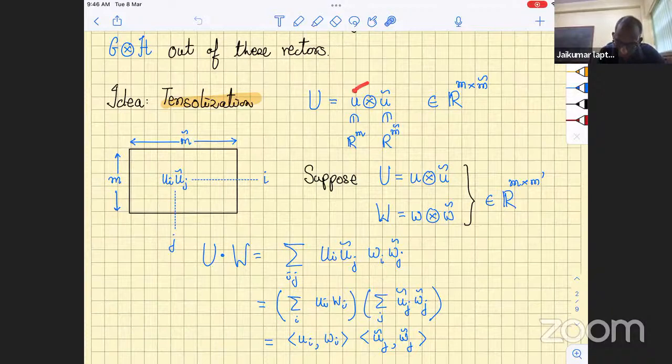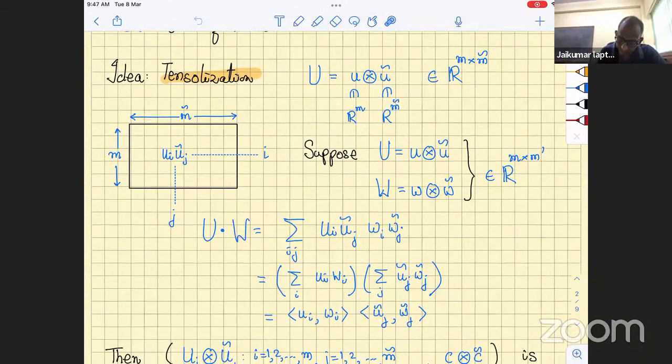That is, we pick the ith component of u, the jth component of u tilde, multiply them and place them in the location ij. Okay. So this way, we produce m times m tilde components. Yeah. And so is this clear how vectors are generated?